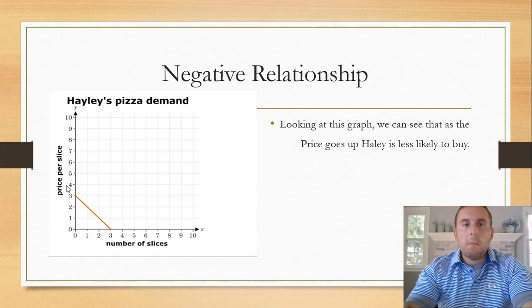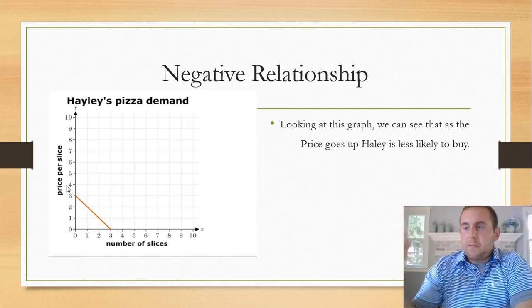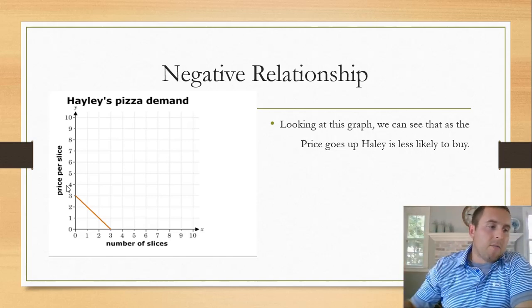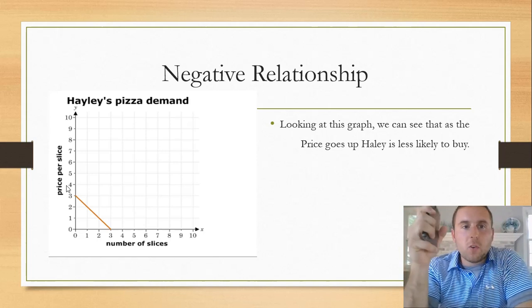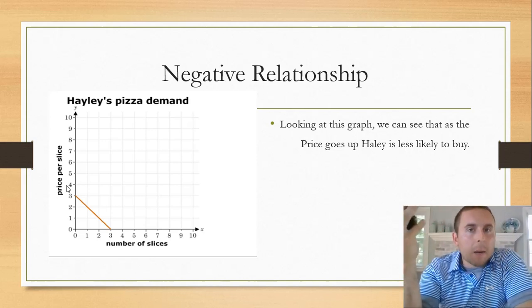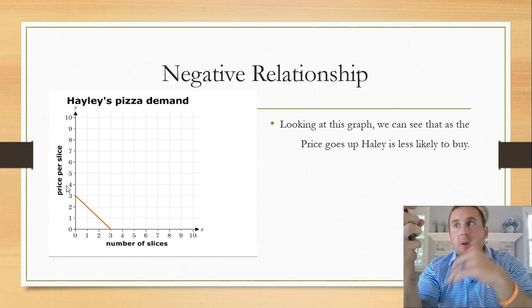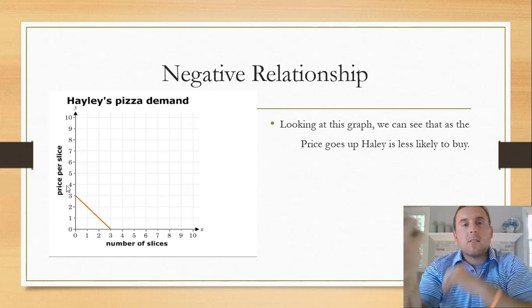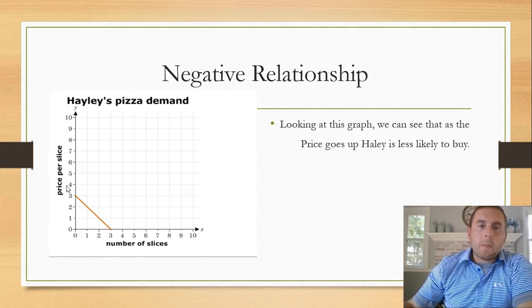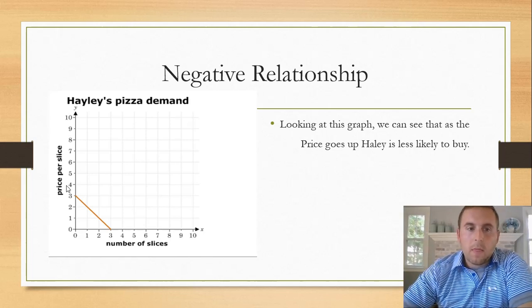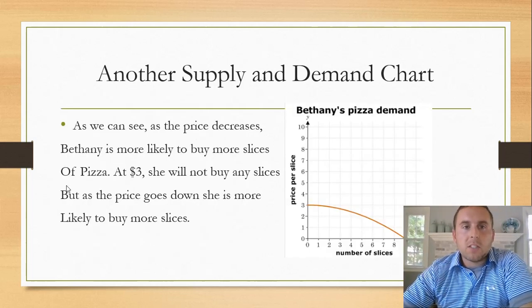Because if you think about it, it makes sense, right? If the price of my iPhone is super expensive, I'm not going to buy it. But as the price comes down, the demand is going to go up. So that's the relationship there.